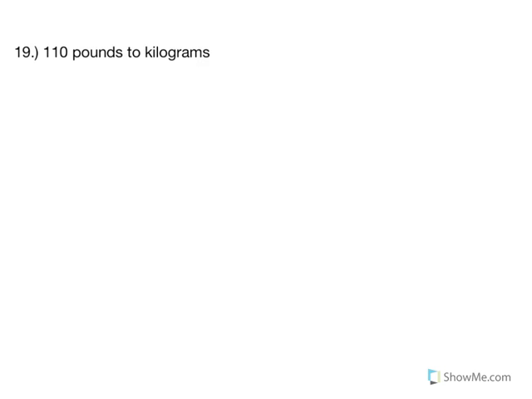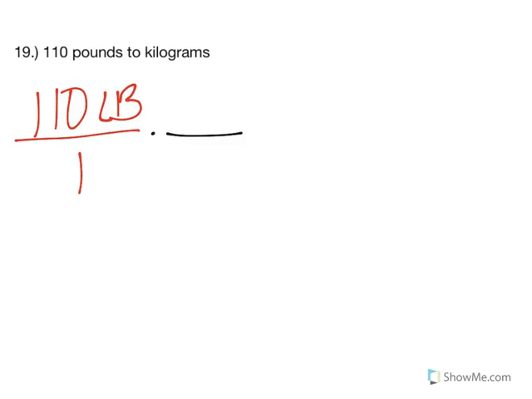All right. Pounds to kilograms. And again, we have 2 more 1-steppers. So if I've got 110 pounds, and I always use a capital LB for pounds. My L's look like ones, the lowercase ones, so I just put them as capital. And again, because it's a 1-stepper, I want to put the 1 on the bottom, which gives me 0.545 kilograms on the top.